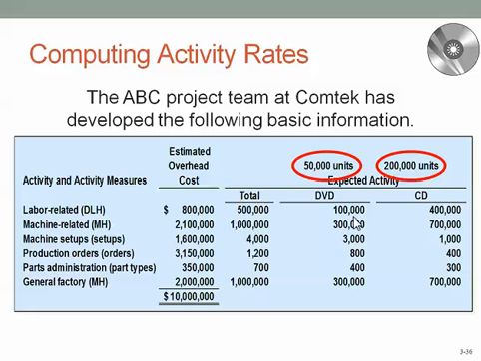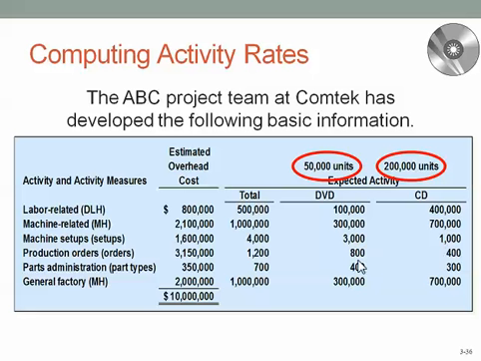Once we shifted to an activity-based costing system, however, we can see some of our machine-related cost, our setup cost, our production order, and parts administration costs were no longer allocated in a 4-to-1 ratio. Machine-related costs will be allocated in a 7-to-3 ratio. More of our machine setup cost will be allocated, in fact 3 times as much machine-related costs will be allocated to the DVD units as CD units.